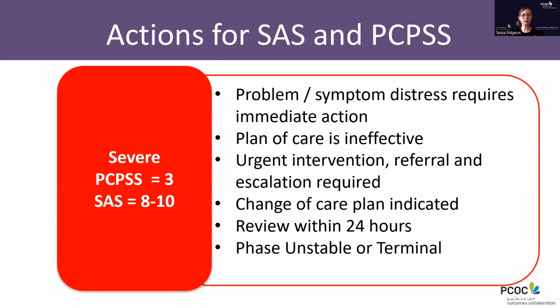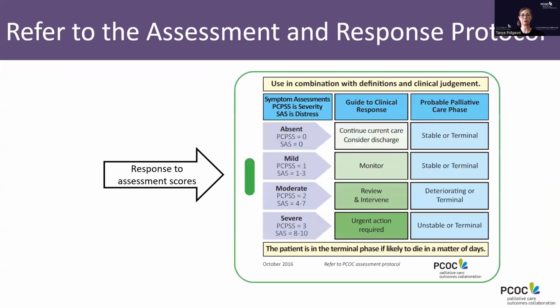With these scores, the phase will be terminal, or could be terminal as well, if death is likely within a few days. Respond to these scores appropriately by adjusting the plan of care to resolve or mitigate the symptoms or problems that are causing the issue. Here is an example of PCOC's assessment and response framework, and it's available on a lanyard.